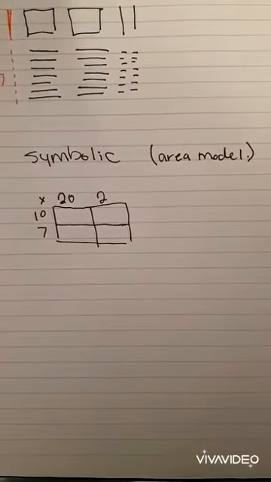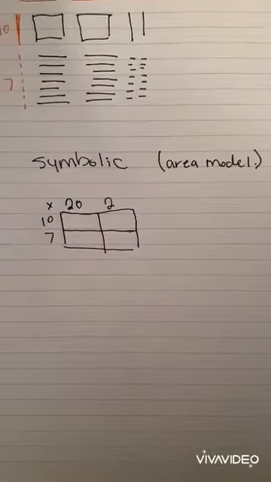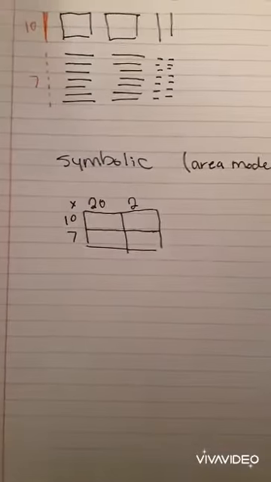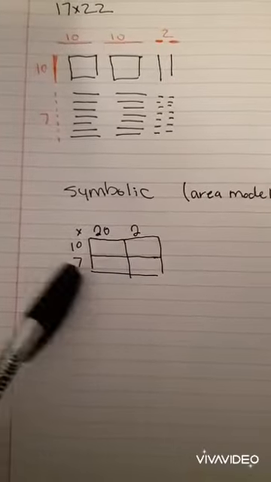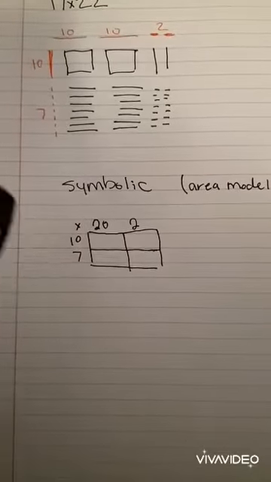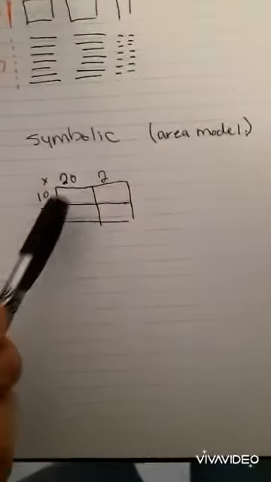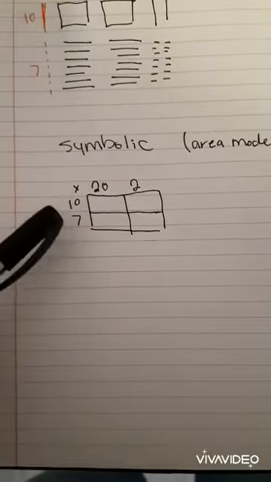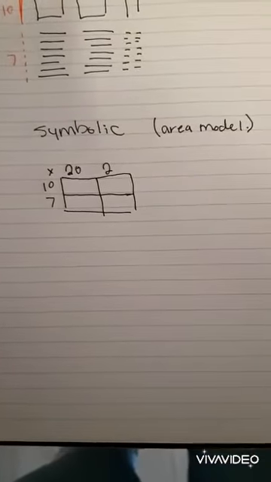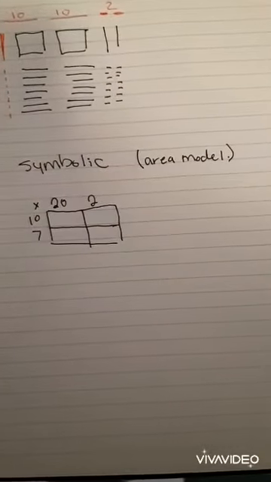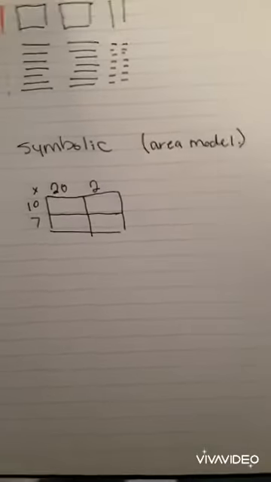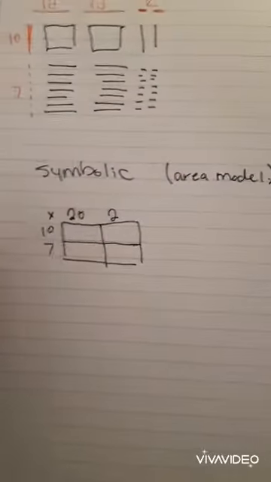For the symbolic representation, I'm going to be using an area model, where I already have the box drawn out and decomposed both of the numbers to place value, where we have 20, 2, 10, and 7. So now I'm just going to multiply each set of numbers to get the answers for the boxes.